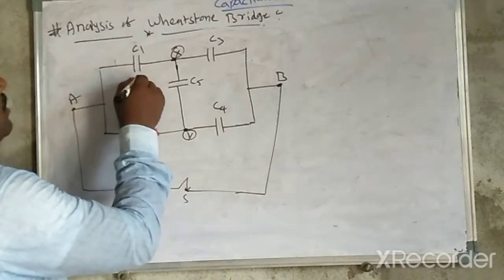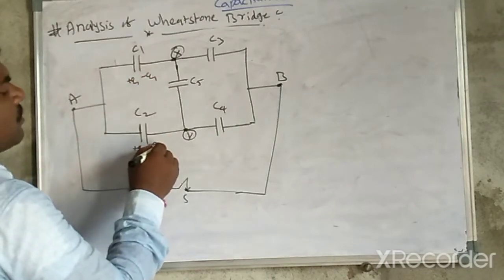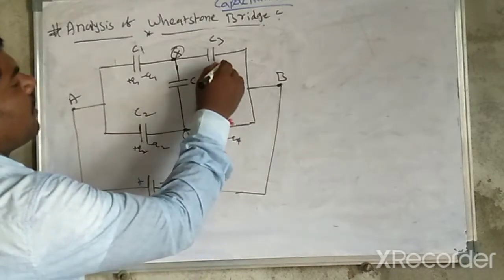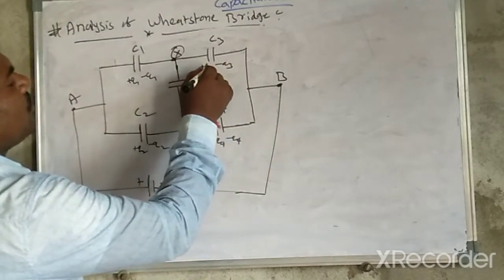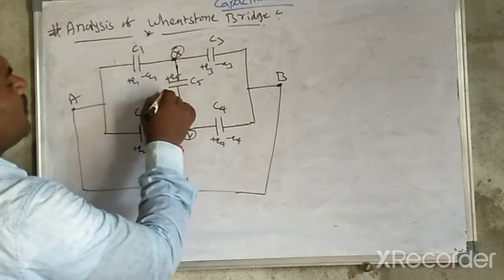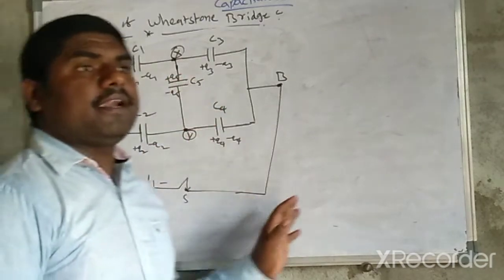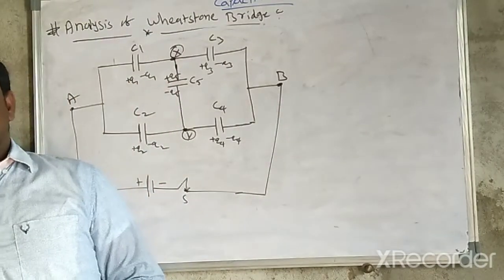So here plus Q1, minus Q1, minus Q2, plus Q4, minus Q4, minus Q3, plus Q3, plus Q5, minus Q5. This is the charge accumulated on the plates.